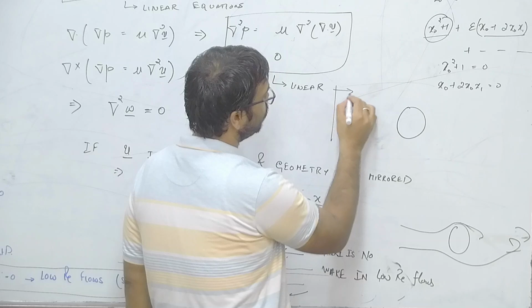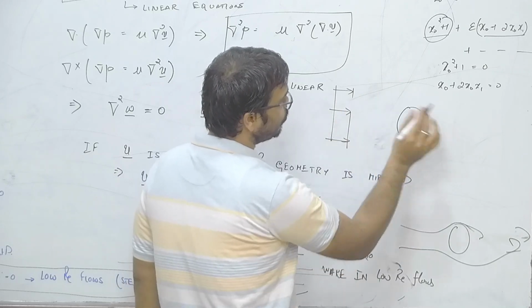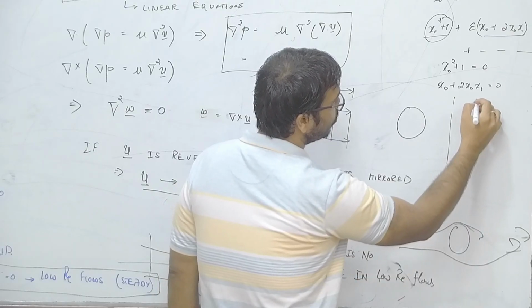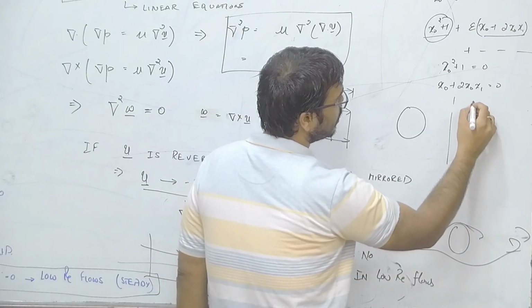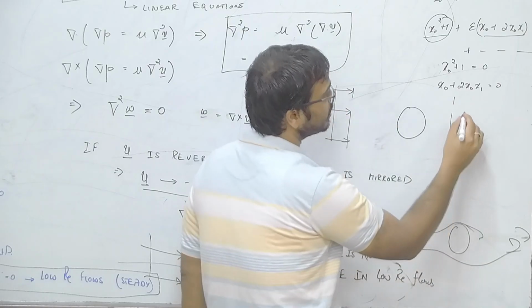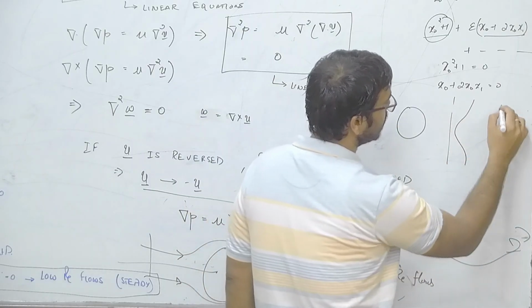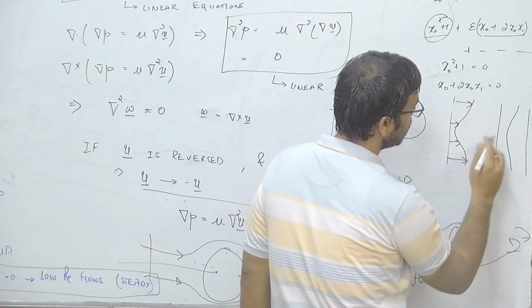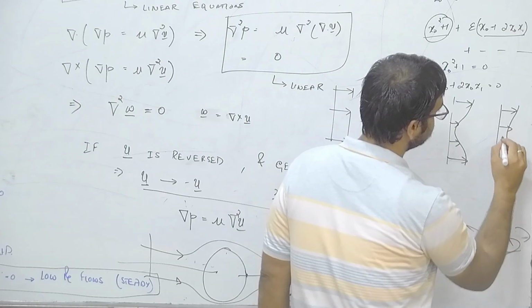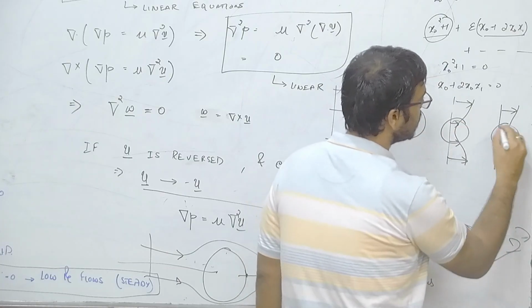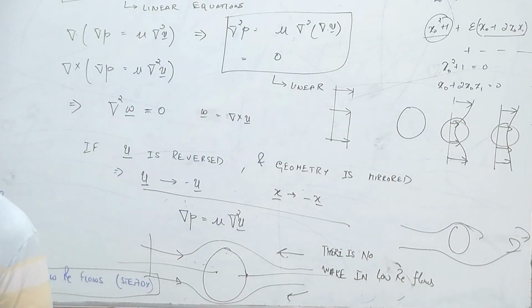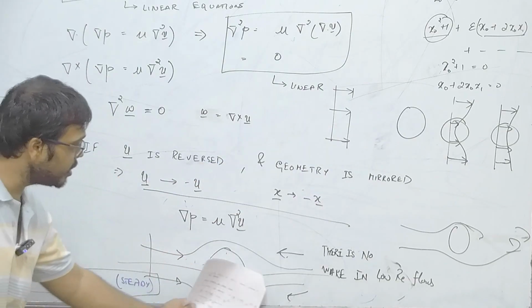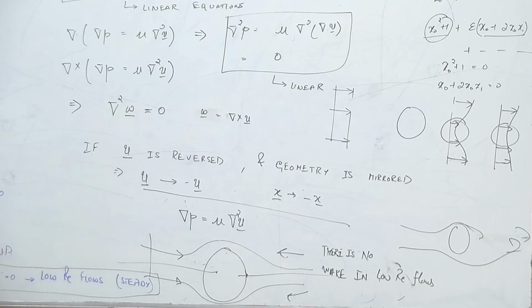Let us say you have a uniform flow hitting a body, and then after this body you will see the flow having a velocity profile like this. This deficit in the flow compared to its value upstream of the body is called the wake. So, there is no wake in low Reynolds number flows.